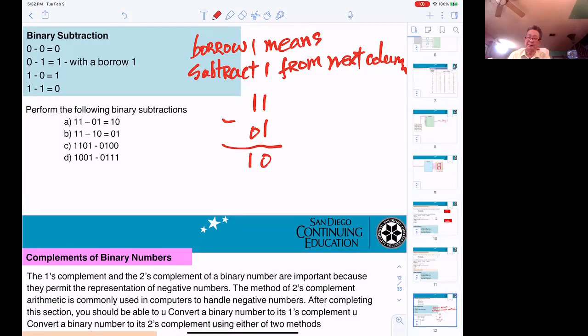And the next one, 1 1 minus 0 1. 1 minus 1, you get 0. 1 minus 0, you get 1. Okay? And now you can get 1 1 0 1.